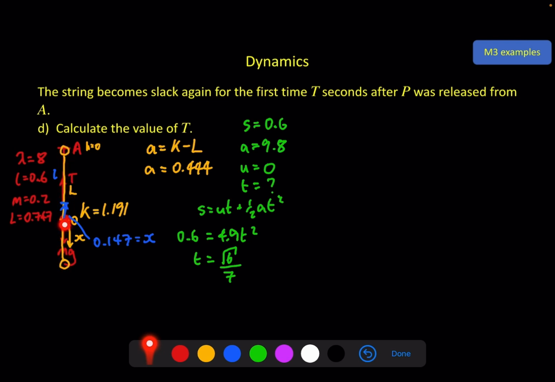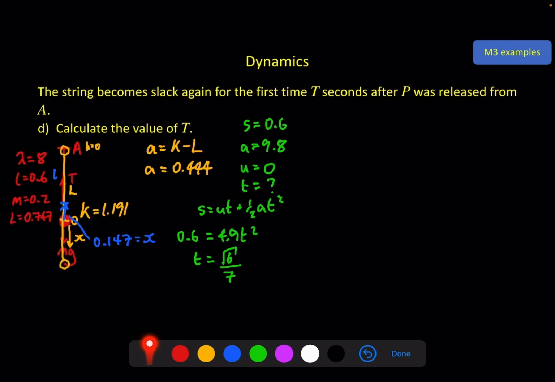Now for the simple harmonic motion, and I don't want to measure from this point because that would give me an awkward alpha, so I'm going to measure from here. How long does it take to go from here to here? And how long does it take to go from here to here? So I'm going to measure everything, including time, from here. How long does it take to go from here, down and back up? That's half of a full oscillation.